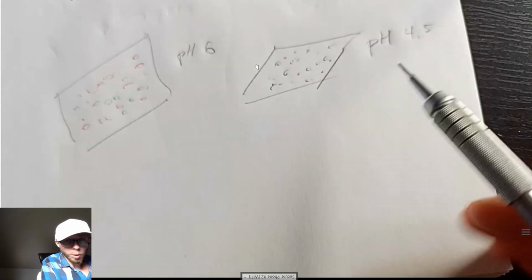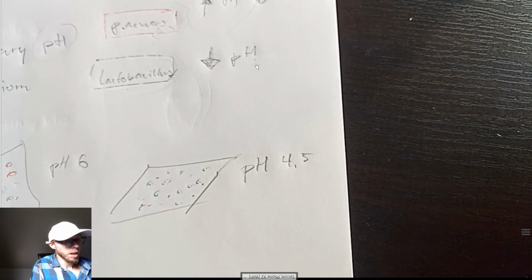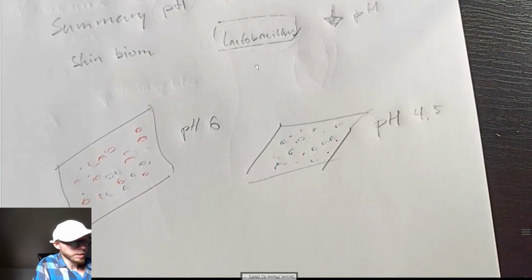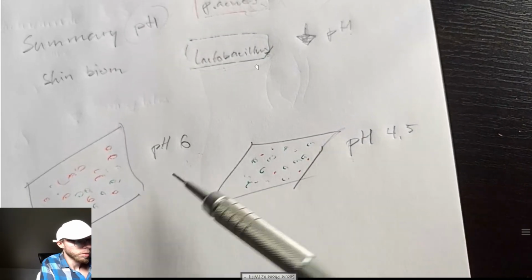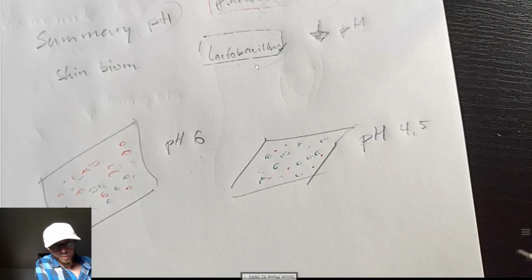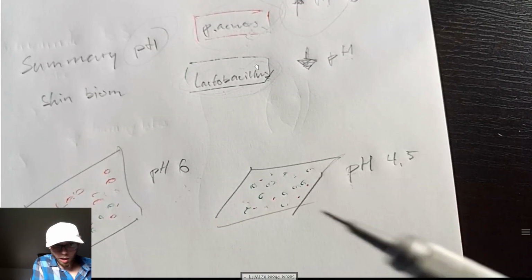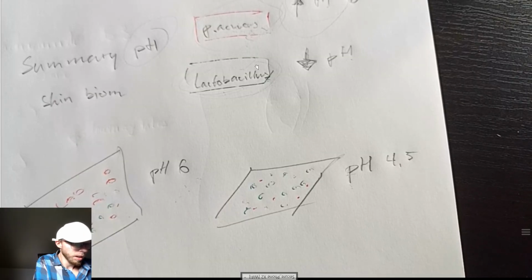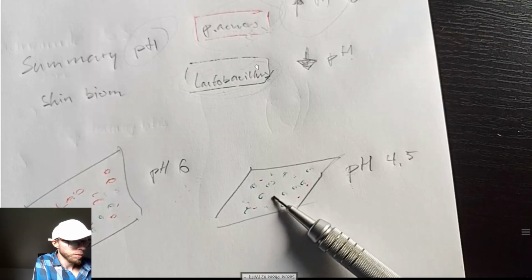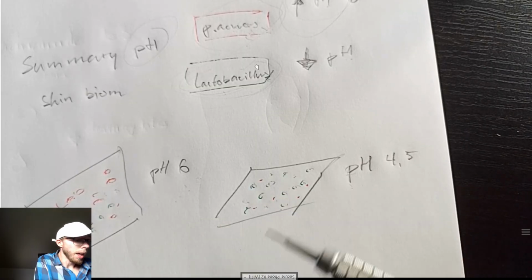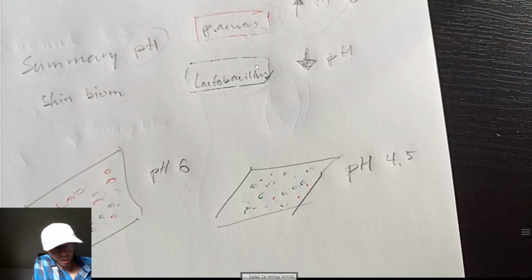So this is one part of the approach to combat acne in a more natural way, getting the pH down so that the skin biome can be balanced, or at least more in favor of beneficial bacteria and less in favor of the unwanted bacteria.